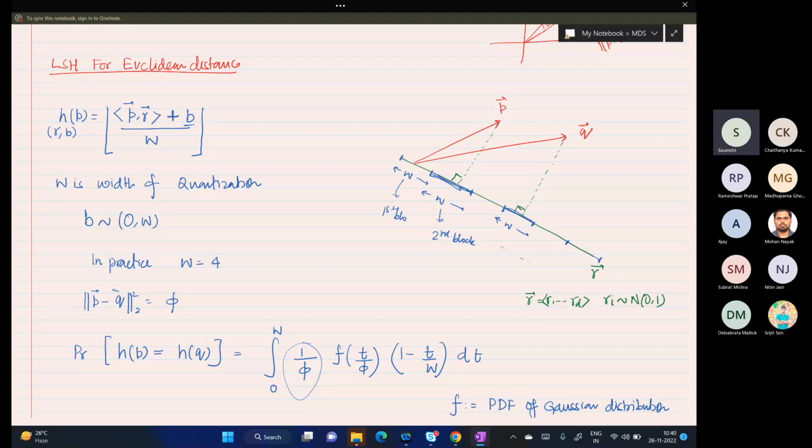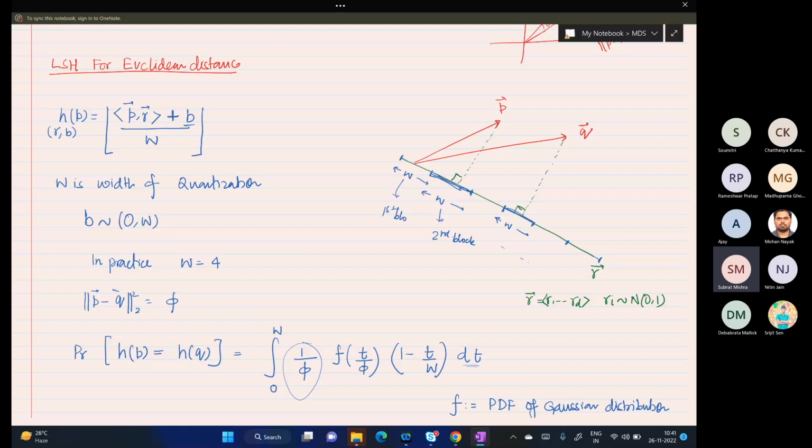But what is t here? t is basically the parameter over which we are doing the integration.